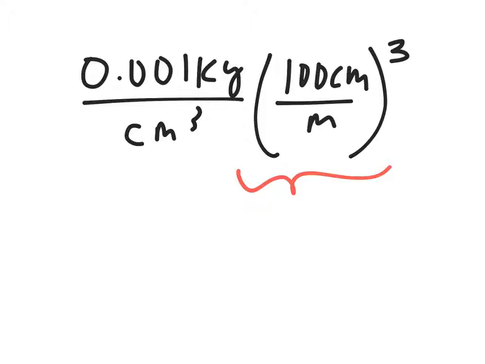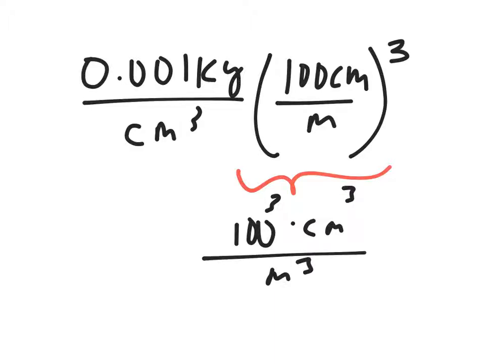You have to have 100 cubed, then you have centimeters cubed, and then you have meters cubed. So you don't want to forget to cube the number as well as the units. So in order to get good at these dimensional analysis problems, you got to keep track of your units and always write them down, and you've got to work lots of problems to get used to the process.